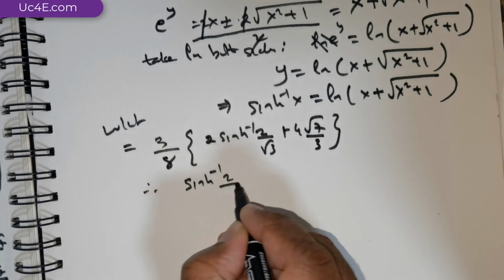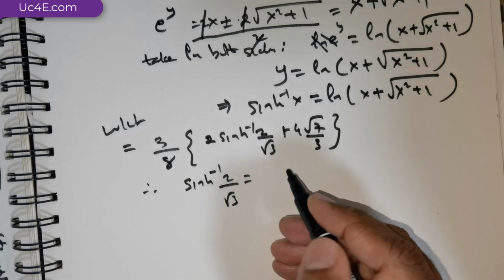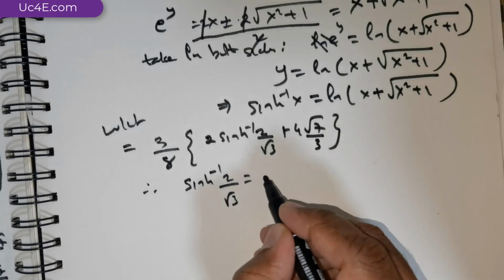So if sinh inverse is this, therefore sinh inverse of 2 over root 3 is equal to, in place of x I substitute 2 over root 3.